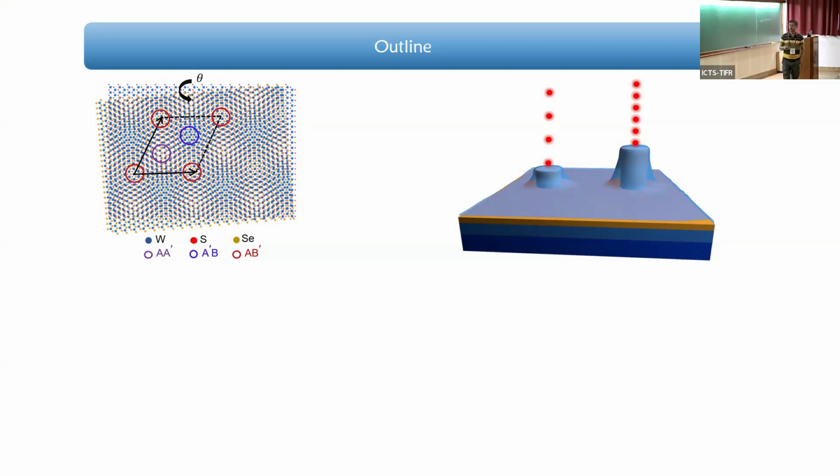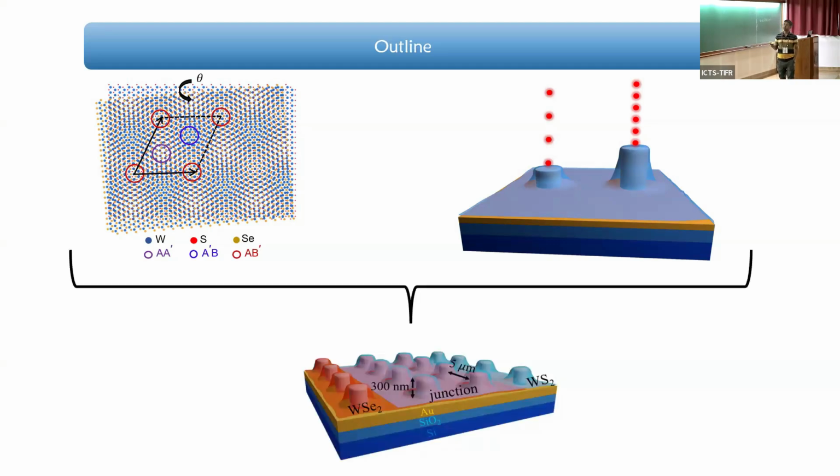Then I'll combine these two platforms and show you this Moiré heterobilayer, if you put it on these nanopillars, so basically you have this periodic array of Moiré pockets, modulated with a much lower spatial frequency. So basically you have a strain well, and within that you have these higher frequency Moiré pockets. And what happens to the excitons in that?